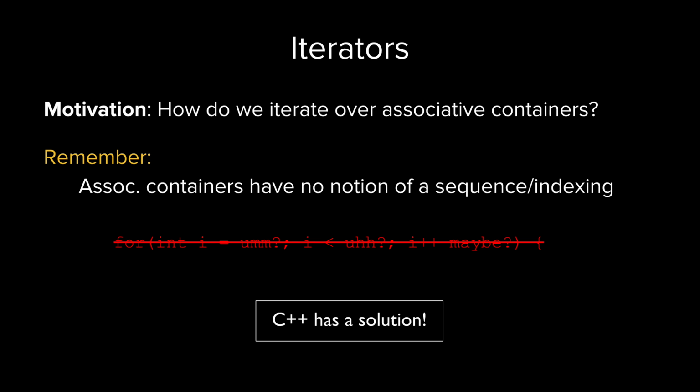C++ had this really neat solution, which was to take indices and abstract them into a more general setting that will work on all containers, regardless of what the underlying container is. The idea is we're going to try to behave like indices do, but work more generally in cases where indices wouldn't normally work.